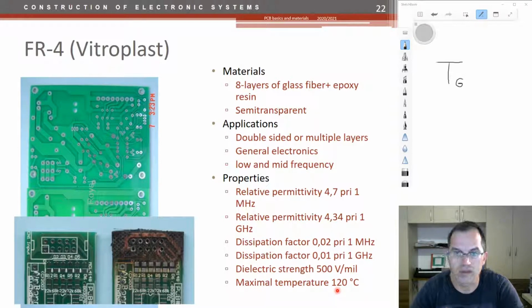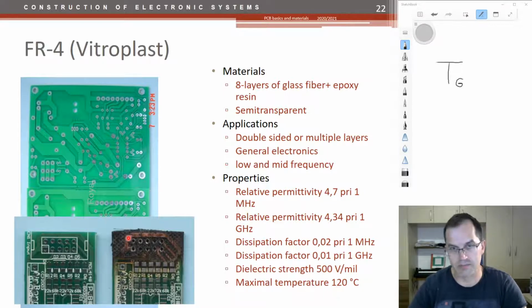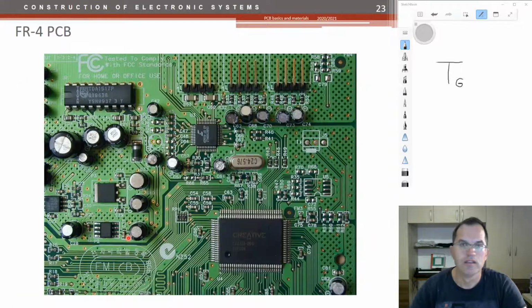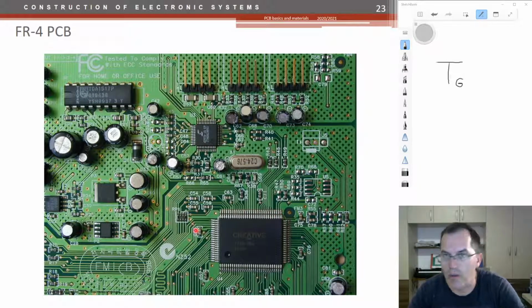It all depends on the materials, details, and of course the price. It doesn't burn with flame, it just smokes a little bit, and it smells as well. So that's the typical FR4 PCB. You can see that it has SMTs, it can have quite high density components, and usually that's FR4.